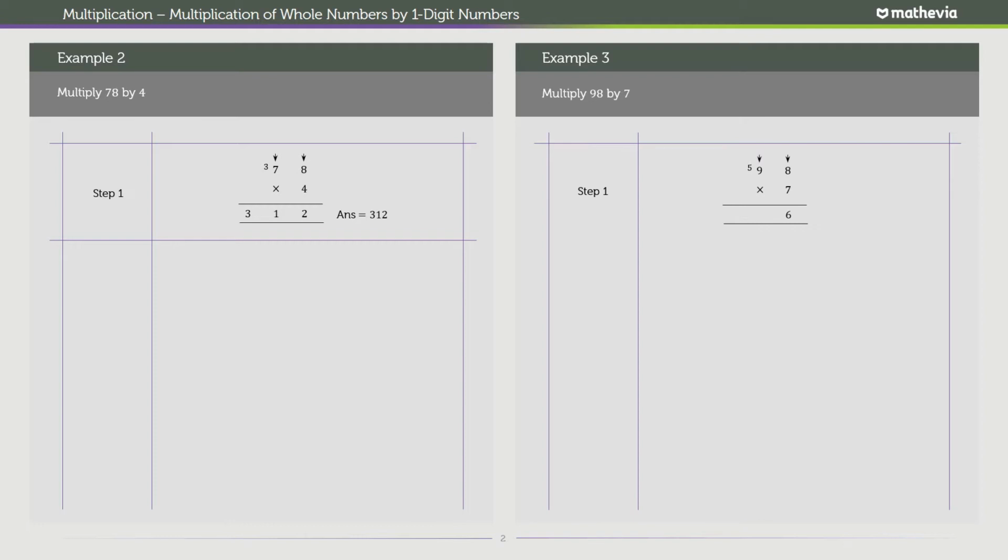Then we'll move on to 9, and we say 7 times 9 from our multiplication table is 63. We add 63 to 5, so always do not forget the numbers you carry over. 63 plus 5 gives us 68, and because we have no other numbers to carry anything over to, we just write down 68, and our final answer in this case is 686. I think we have a few more examples.